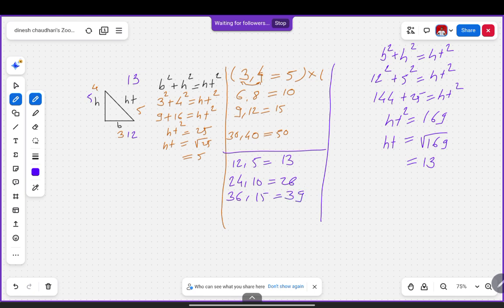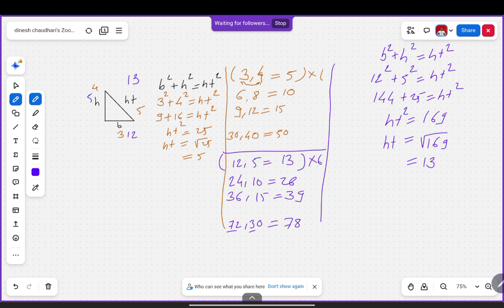So if someone asks you what will be the hypotenuse if my base is 72 and height is 30, then it is very simple: your multiplication factor is 6, and 6 12s are 72, 6 5s are 30, then hypotenuse is 78.